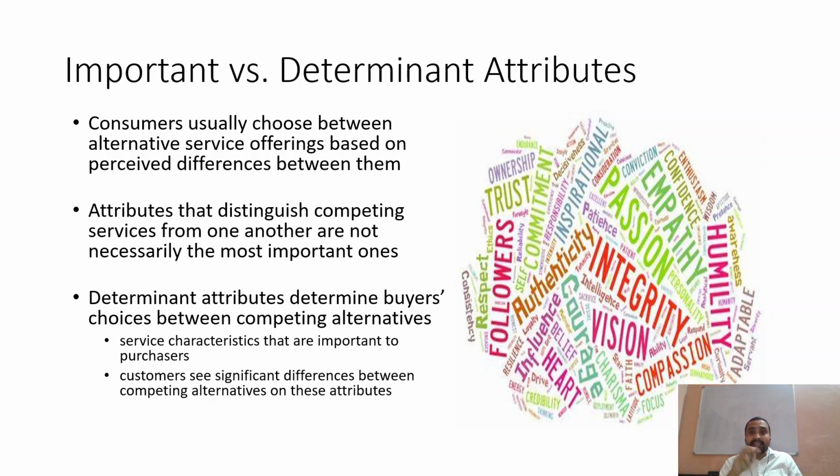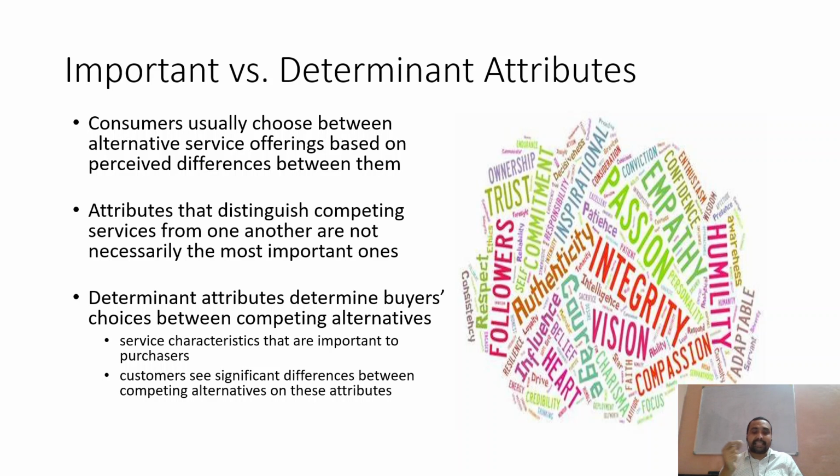But what actually differentiates are the determinant attributes. The determinant attributes determine the buyer's choice between competing alternatives. Now, I have certain alternatives, and these are the determinant attributes which help me to pick one among them.